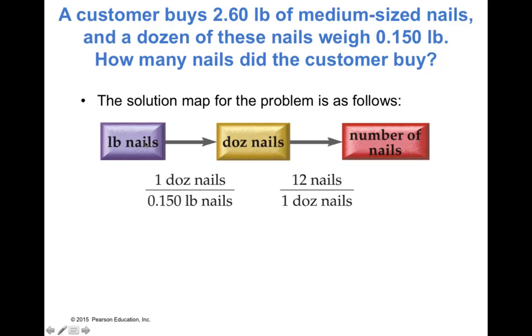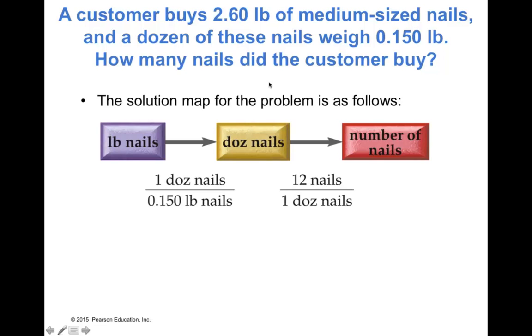We start with pounds of nails because that is the information that we have. He wants to buy 2.6 pounds of nails. So we start with that. Then we need to get to the number of nails. But in the middle, we need to look for something that helps us transform the units of pounds to the number of nails.